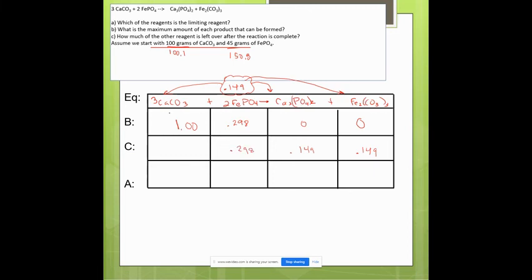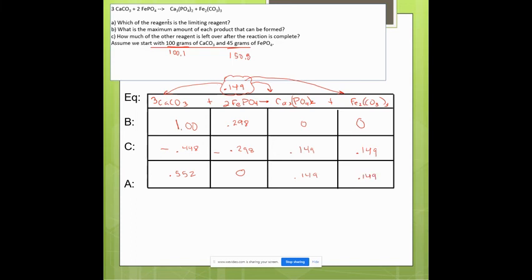And over here, we're multiplying it by 3, which is 0.448. So here, this is how much we're using. So we're going to subtract those. This is 0. Here, we end up with 0.552. And these are 0.149.